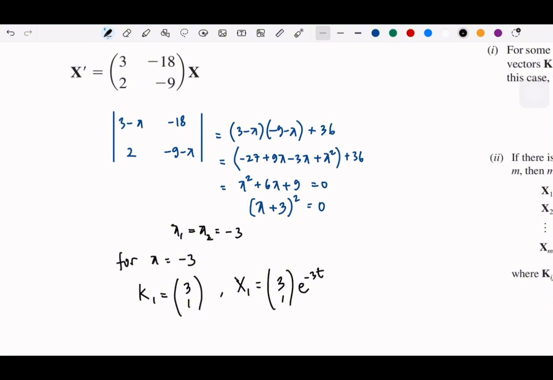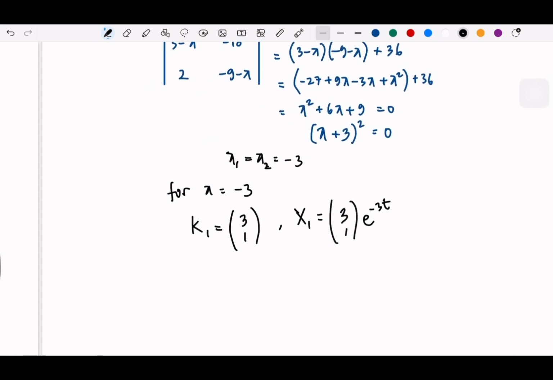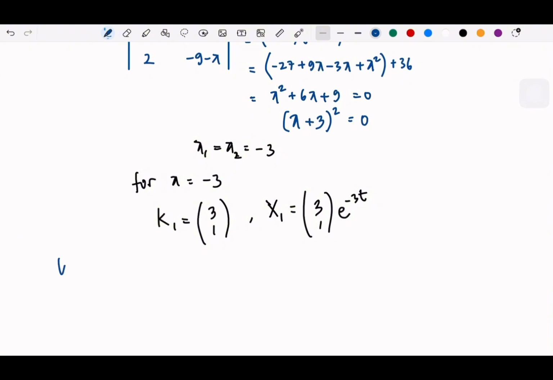So this is one solution, but we want to find the general solutions. So we need to find the second solution, which is x2.